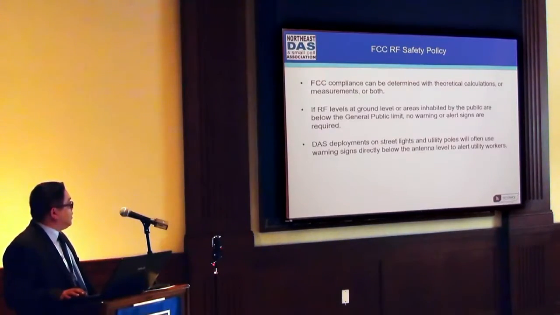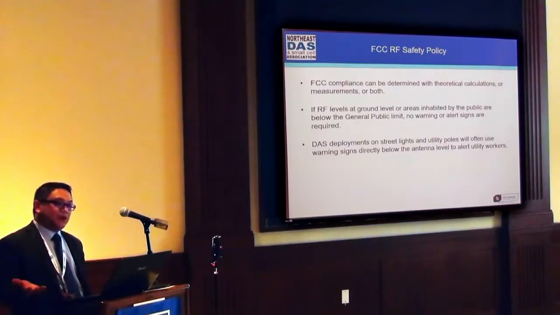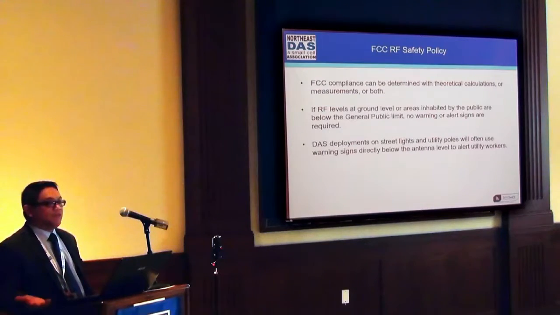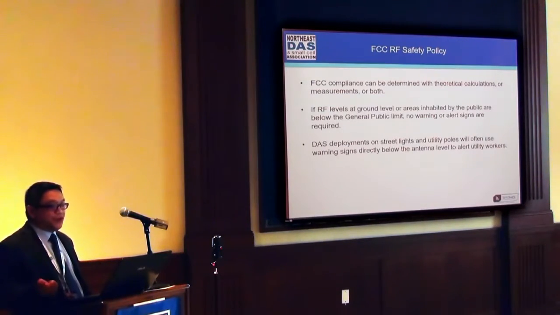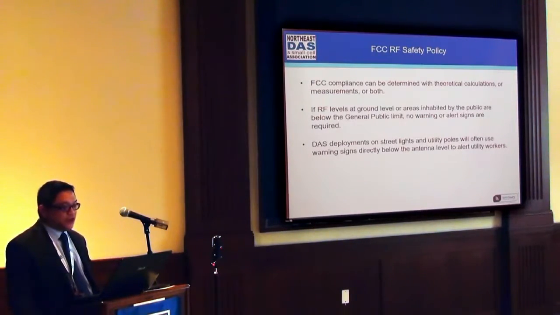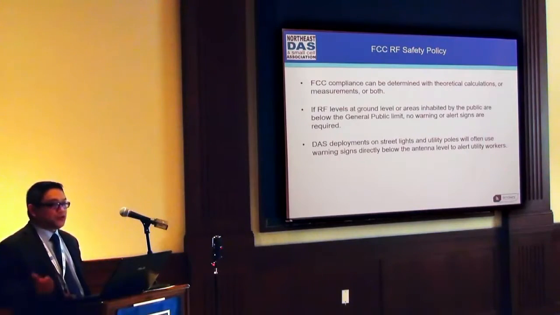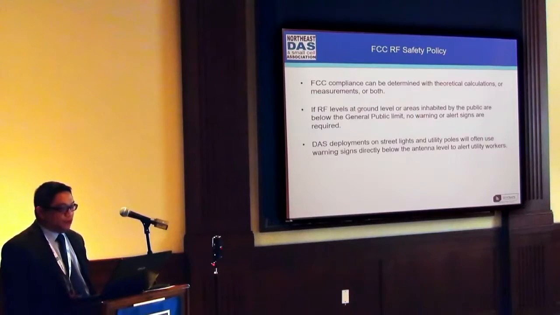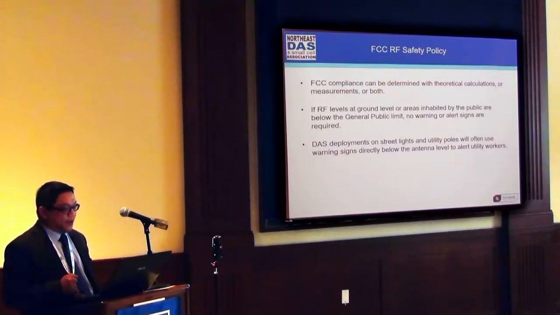The FCC wants to make sure there are multiple levels of compliance. One of them can be theoretical calculations, which we do with our tools. You can also do measurements, or you can do both. These are services that we provide for all the carriers.